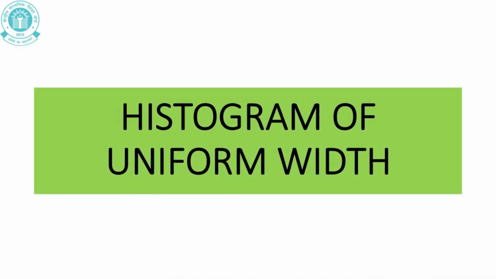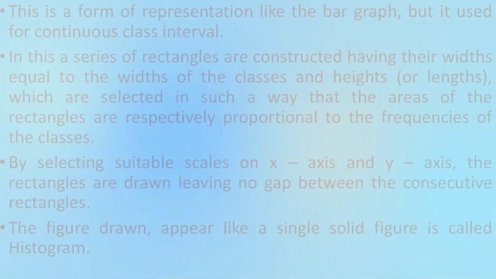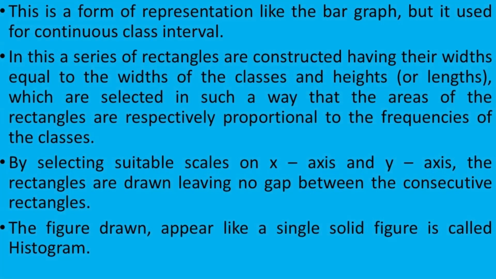Let us now discuss the histogram of uniform width. This is a form of representation like the bar graph, but it is used for continuous class intervals. In this, a series of rectangles are constructed having their widths equal to the widths of the classes and heights or lengths selected in such a way that the areas of the rectangles are respectively proportional to the frequencies of the classes.